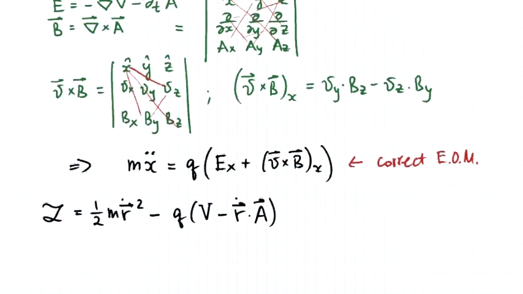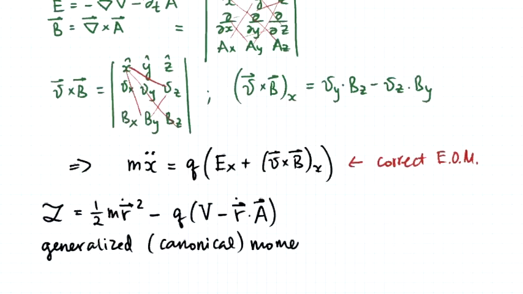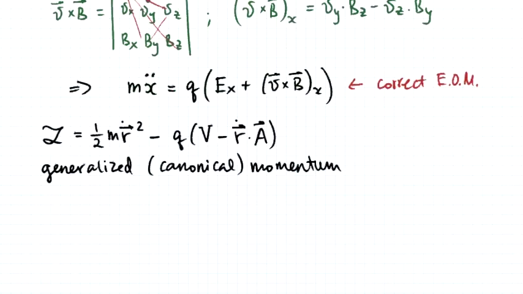Remember that we care about generalized momenta because they are conserved quantities potentially. So let's find generalized momentum. It's also known as canonical momentum. Canonical here means correct momentum.